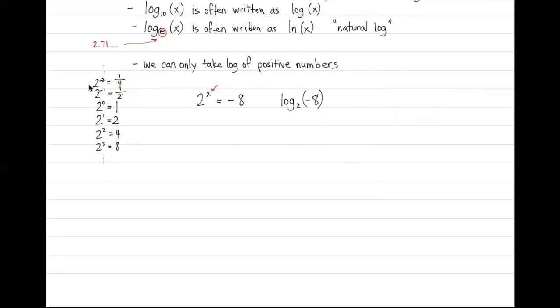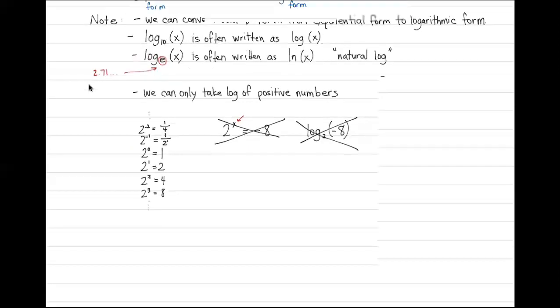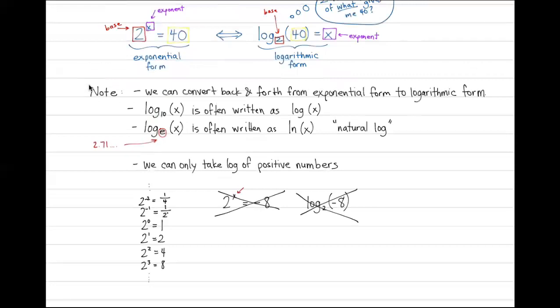So this number here can't be a negative number, because none of these answers are negative numbers. So if this doesn't work, then neither does this. Let me just move this over to make it a little bit prettier. So we can only take the logs of positive numbers.